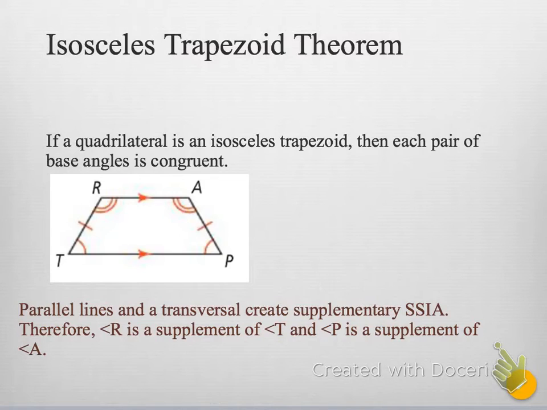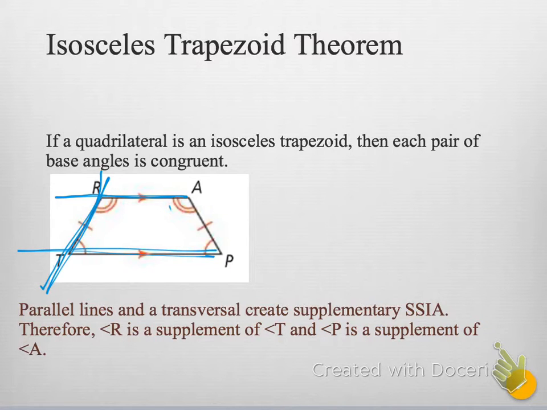So isosceles trapezoid theorem. If a quadrilateral is an isosceles trapezoid, then each pair of base angles is congruent. So all of my pairs of base angles are congruent. So R and A are congruent, and then T and P are congruent. Parallel lines and a transversal create supplementary angles. Therefore angle R is a supplement of angle T, because if you look at it, this is a parallel line, this is a parallel line, here's my transversal.